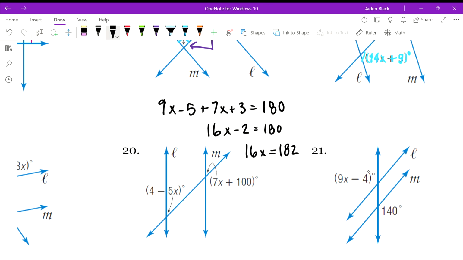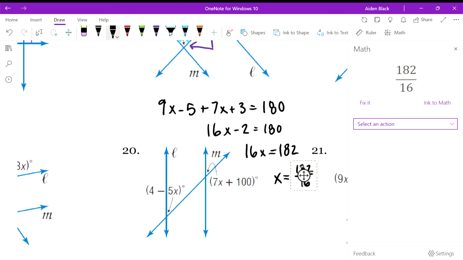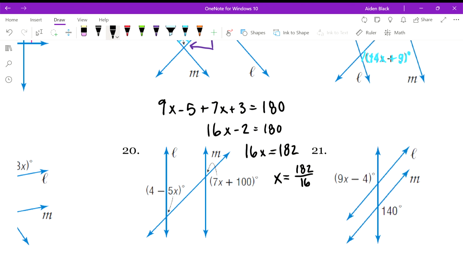Let's see. 16 times 10 is 160, which means we have 22 remaining. 16 goes into 22, not equally, so for now I'm going to write x equals 182 divided by 16, which, let's see what that reduces to, 91/8.